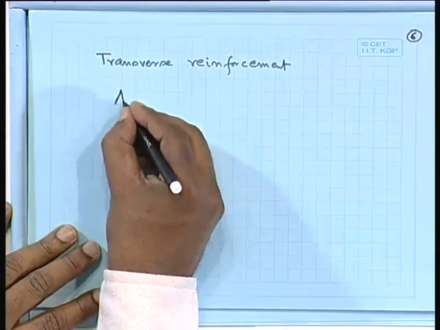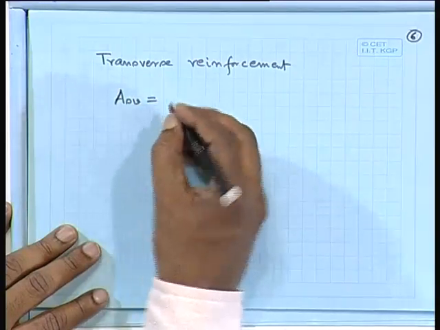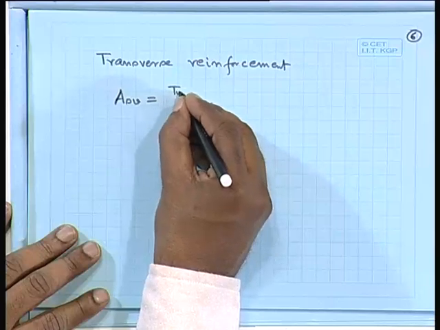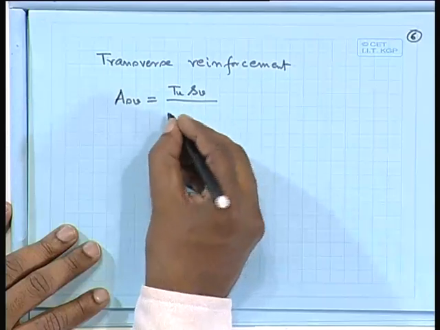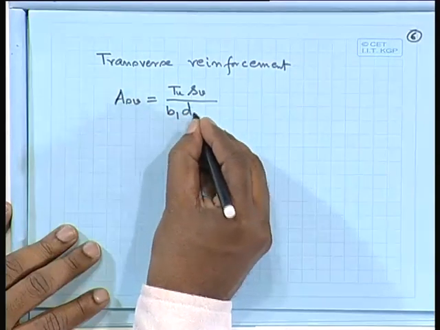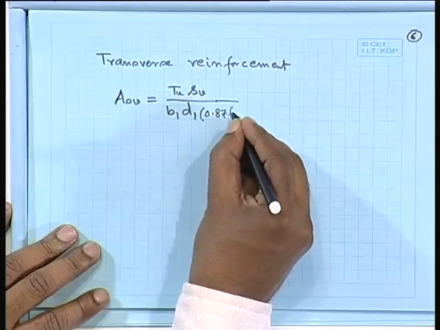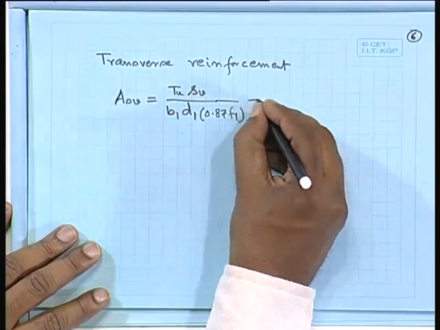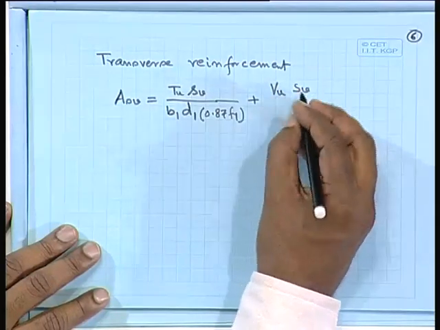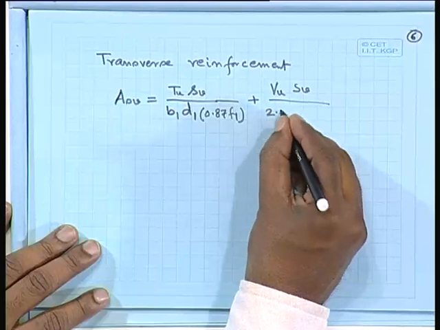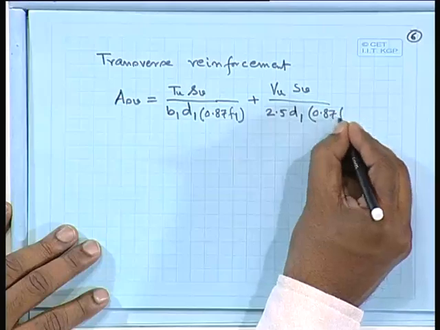We find here ASV, that is the area of stirrup or reinforcement. It says Tu by Sv, where Sv is the spacing of stirrups or web reinforcement, b1 d1 times 0.87 fy, plus Vu Sv divided by 2.5 d1 times 0.87 fy.